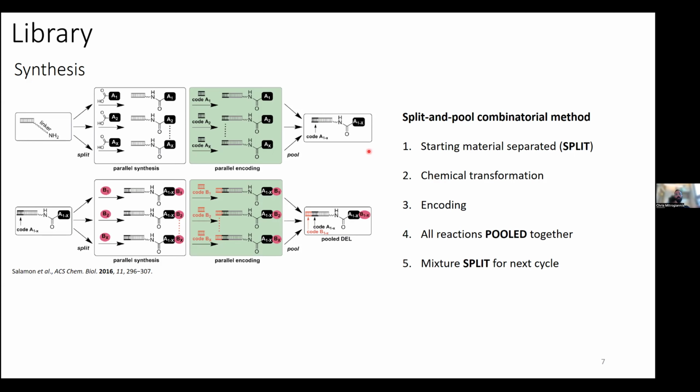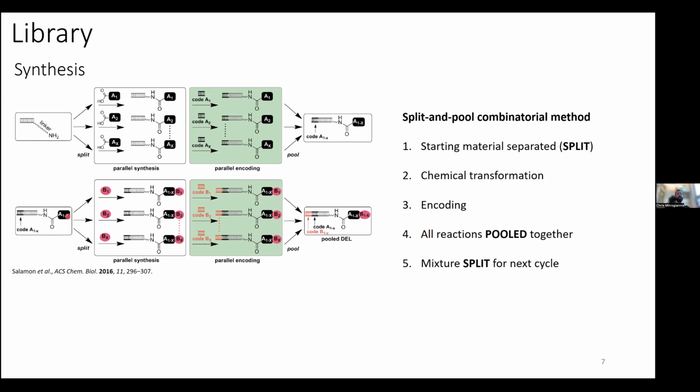Usually we go up to 3 because the more cycles you add, the more things can happen if you don't have reactions that give high yield, and this can lead to problems by the end. So for the next cycle, we take this mixture of DNA-small molecule conjugates, and we split them again in the same number of wells as the building blocks we would like to introduce during the second cycle.